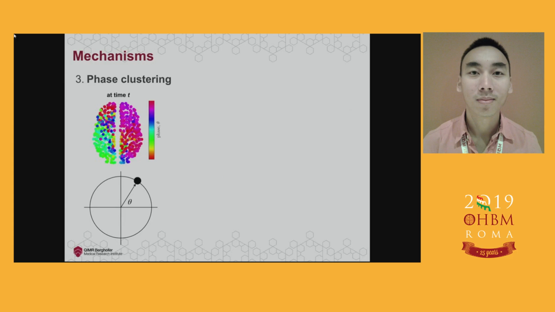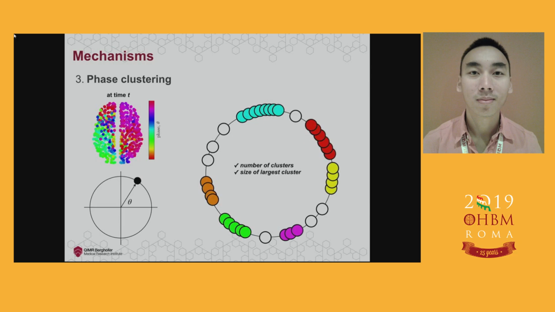So this might tell you that the heterogeneity of the connectome might give you this effect. And then we look at the clustering mechanism, wherein we put each node's phase on a unit circle and see whether they stick to each other, or what happens when you increase the amount of noise. We measure the number of clusters and the size of clusters.